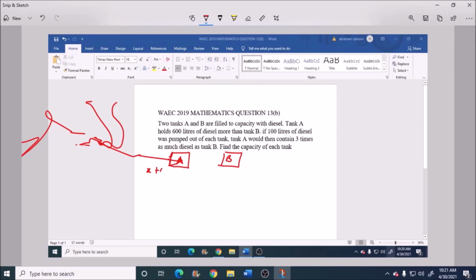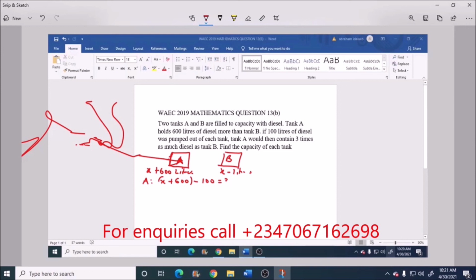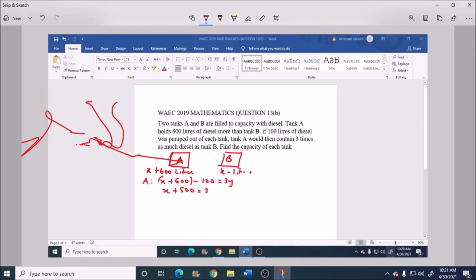Now, from the sentence above, tank A: x plus 600 minus 100 is equal to 3y. So this will give us x plus 500 equals 3y. Call this equation 1. And then for tank B, we have x minus 100 equals y. Call this equation 2.